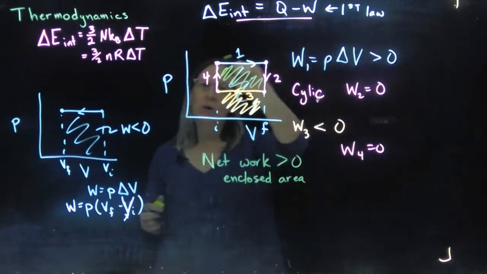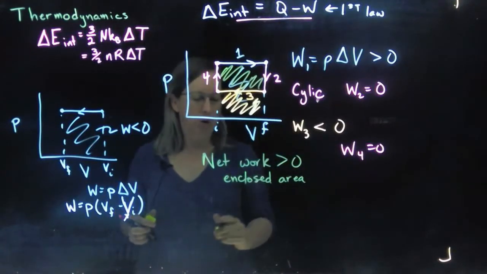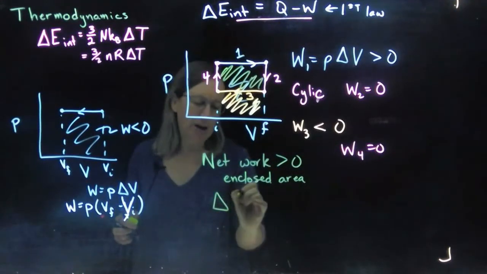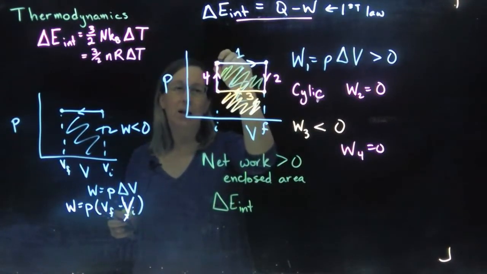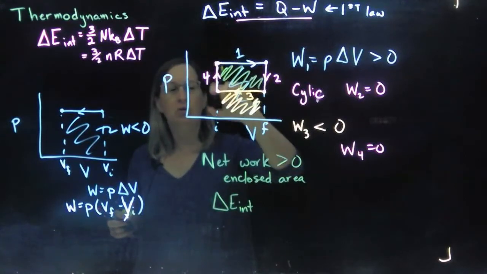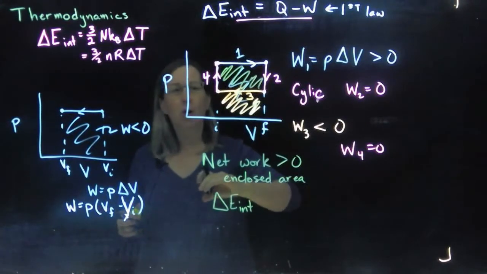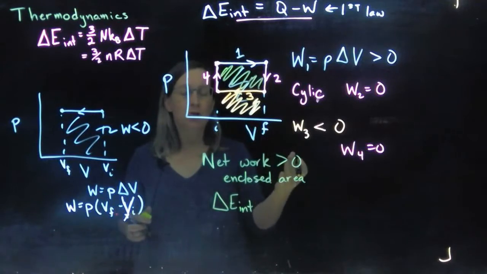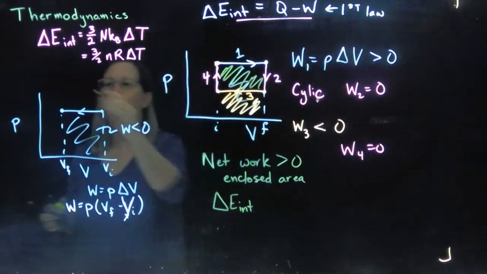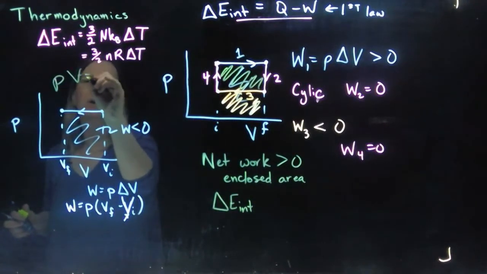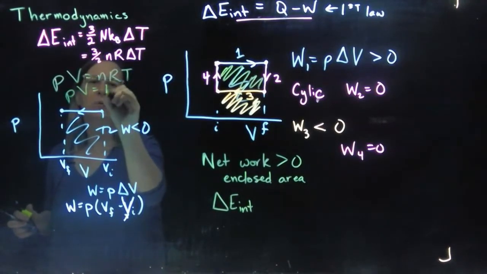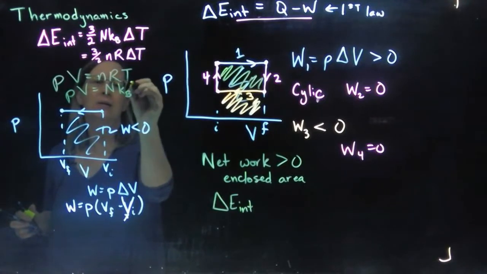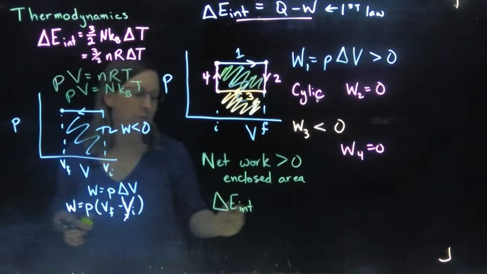When we circle back around, the net work is greater than 0, but the change in internal energy for the whole cycle is zero, because we end up at the same pressure and volume, same number of particles. If we're at the same pressure, volume, and number of particles, PV equals nRT or PV equals nkBT, either way, we're at the same temperature.